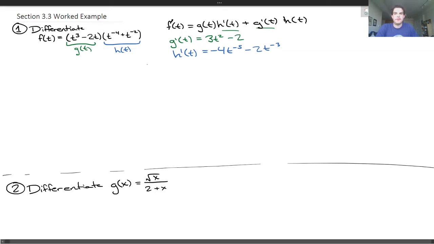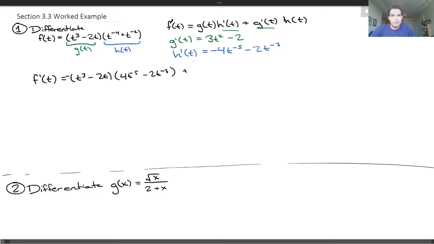And now we are all set to plug into our formula, and we'll get that f prime of t equals, so g of t, t cubed minus 2t times h prime of t. And I'll bring this negative sign out front and write 4t to the minus 5 minus 2t to the minus 3.